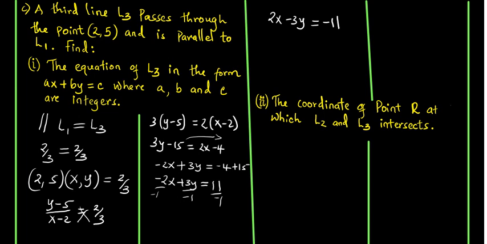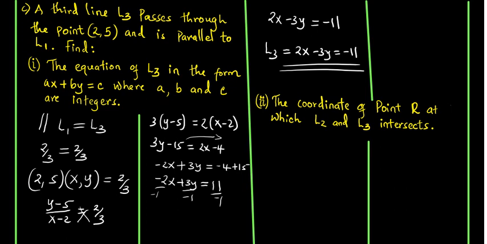So the equation for line 3 is 2x minus 3y equals negative 11. That becomes your answer.